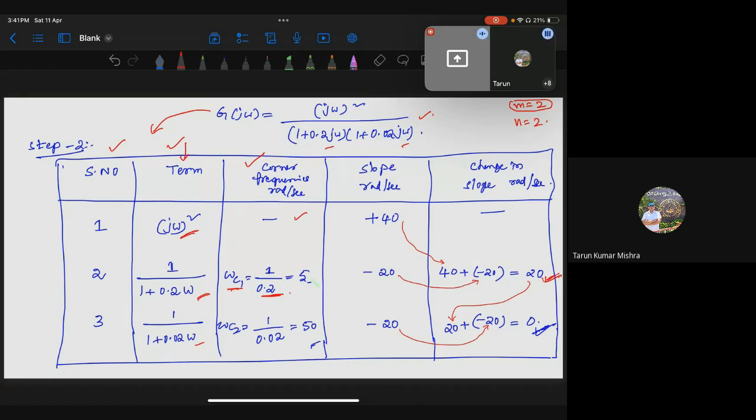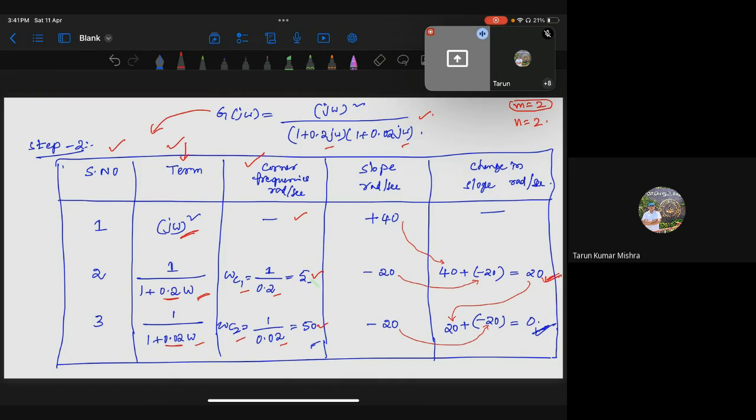I haven't gone to the change of slope yet. We are going step by step. So we are finding the corner frequency. It is nothing but the inverse of this time constant: 1 by this time constant, 1 by this one. These are the corner frequencies. Is this clear? Any doubt?